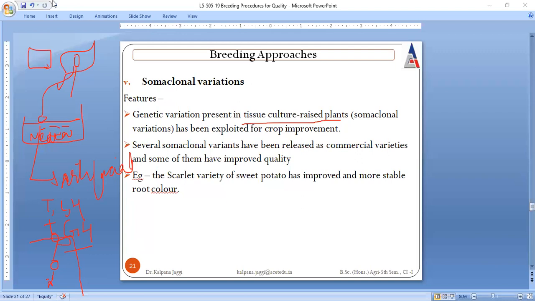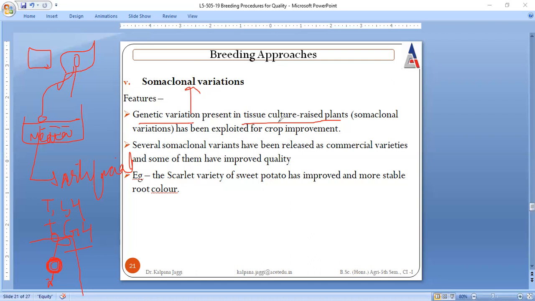But while the growth of the plant is taking place from this particular cell, what happens? Certain variations are introduced into this cell while it develops. Those variations introduced into its genetic content are said to be somaclonal variations.